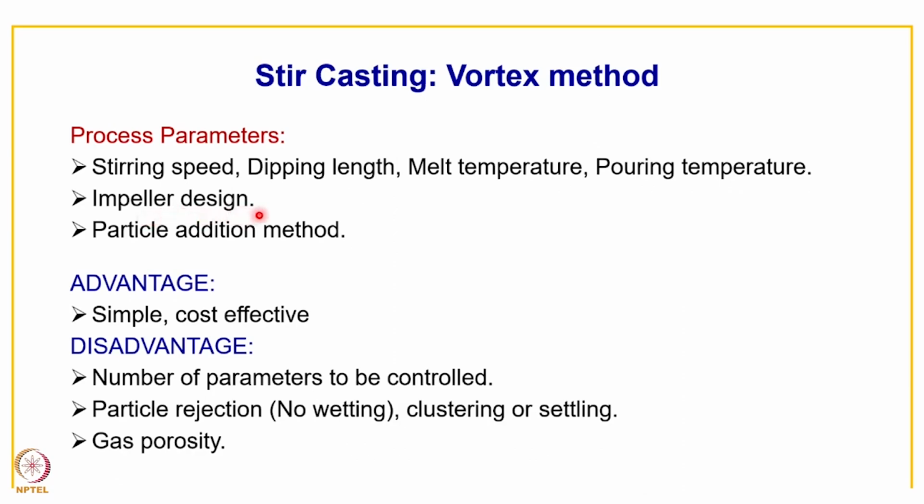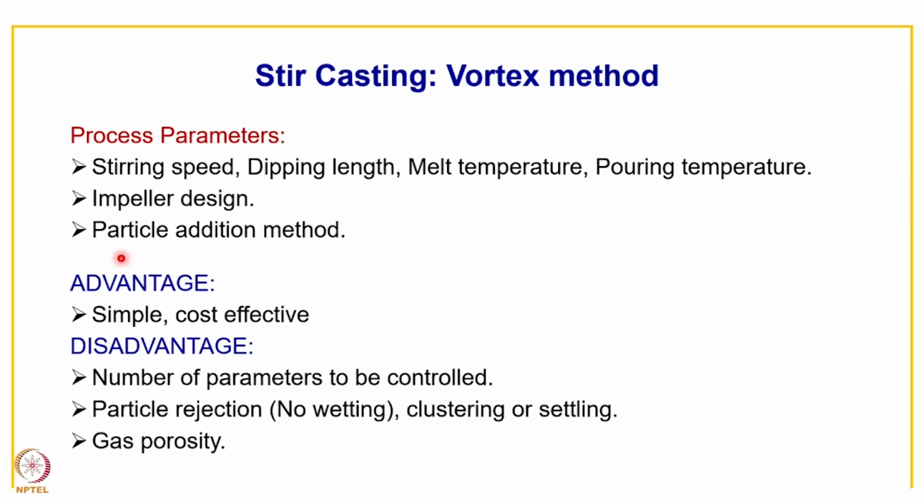And then the impeller design itself will also affect the process in terms of how well the vortex can be created. So by changing the design of the impeller, you can actually modify the process in terms of the ease of creating the vortex or creating a better condition in the liquid metal for the incorporation of the ceramic particles. Okay. And apart from that, the particle addition method also has to be considered, because how well the particles are added, that will decide how well they will be dispersed into the metal.